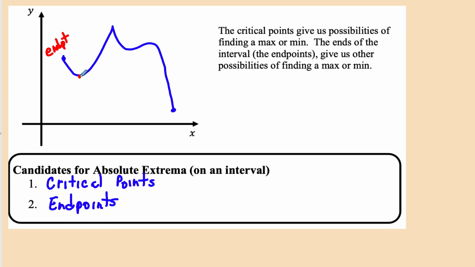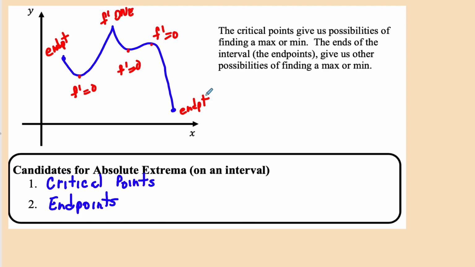And we also have a minimum here where the derivative is equal to 0. We also have a place here where the derivative does not exist. And we have another point here where the derivative is equal to 0. We have another one where the derivative is equal to 0. And we also have an endpoint here.